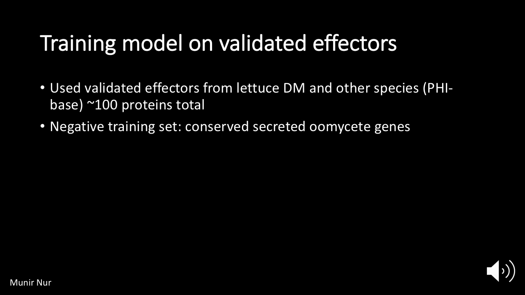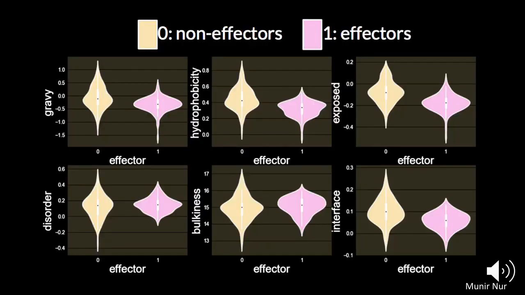There might be a few in there, but in general, the data set will be mostly non-effectors. We found that effectors and non-effectors have different biochemical characteristics, so computers can predict whether or not something is likely to be an effector based on these characteristics.